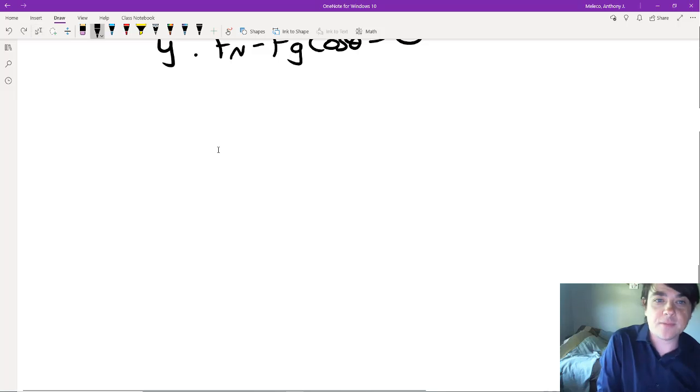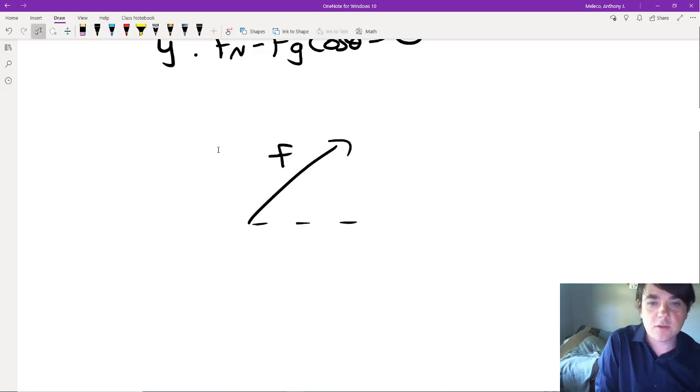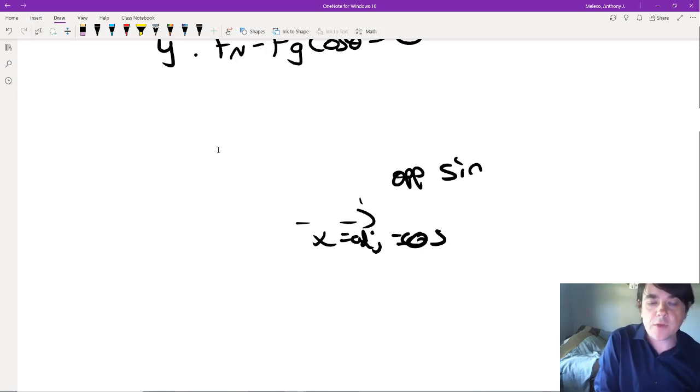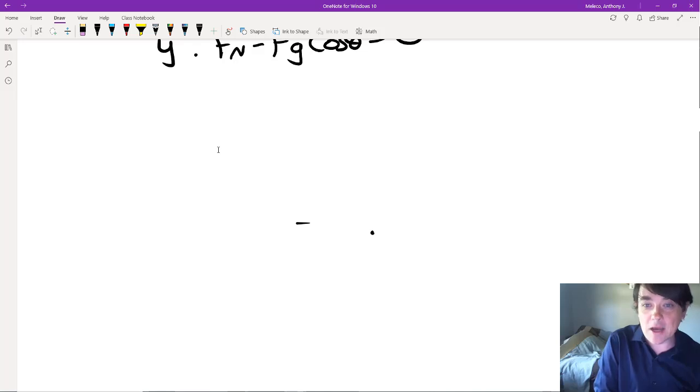You have a typical triangle here, this is some generic force, this is our x component, this is our y component, so the adjacent side is our x, which is cosine, and the opposite side is sine. That's the way it's always been. So now I'm going to show you why it's not the case here.